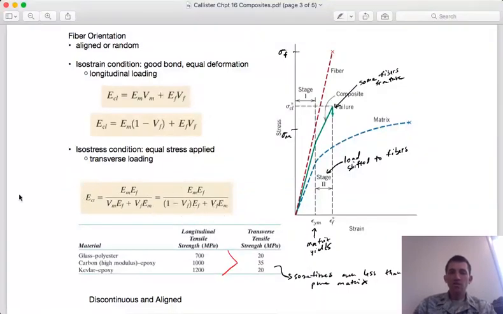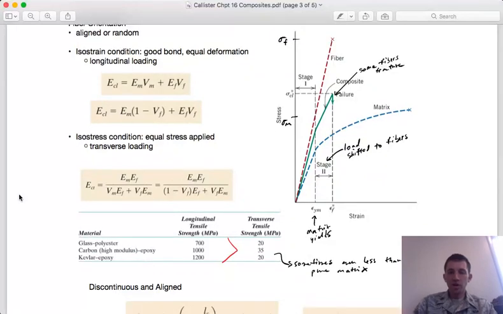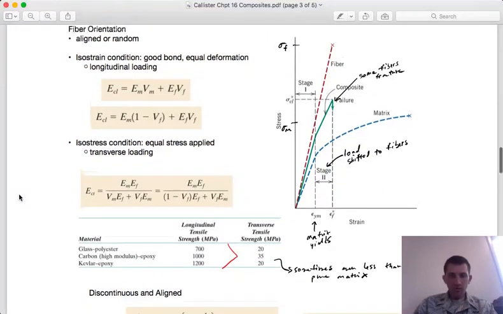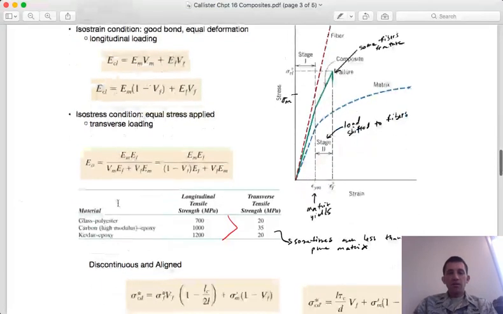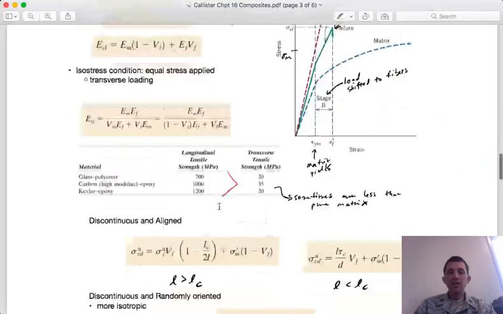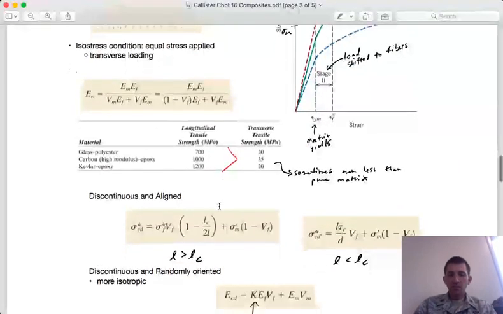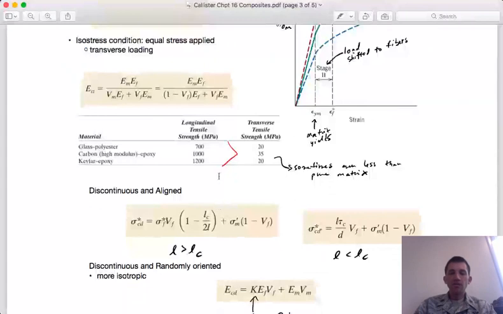And so the form here for this equation should look familiar from what we talked about before. And this is indicative of fiber reinforced composites in that they are highly anisotropic, which means that their properties differ in different directions, specifically longitudinal versus transverse loading.